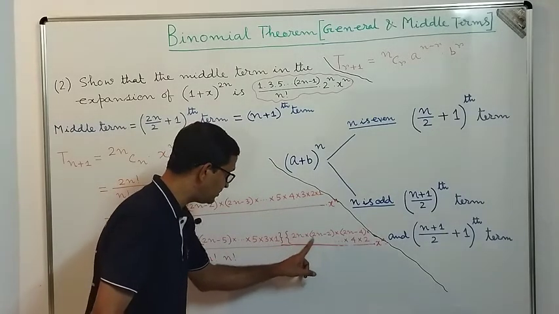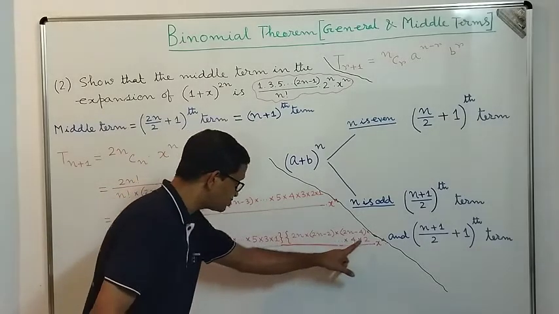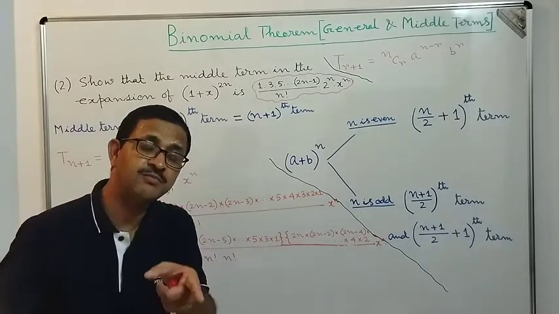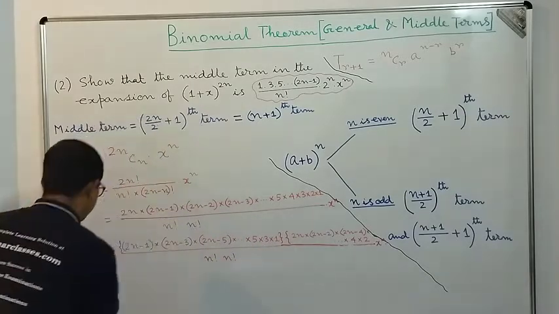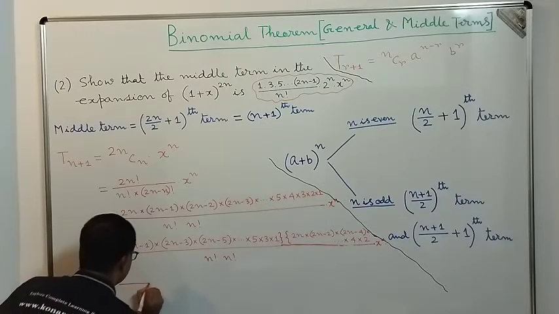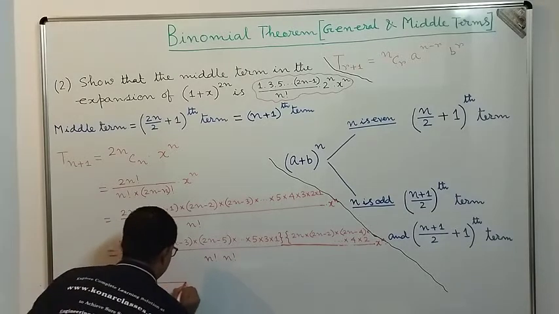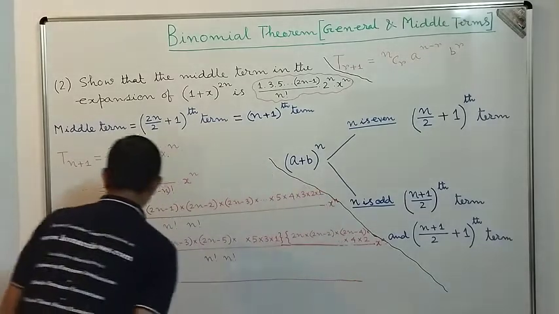So from each of these we can take 2 common. So for n such terms we can take 2 common, and if we multiply them it will become 2 power n, correct or not? So what we get here, dear students, let me first draw this line which is the separator between numerator and denominator.